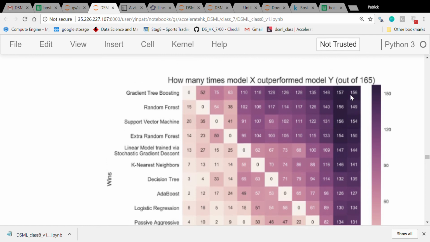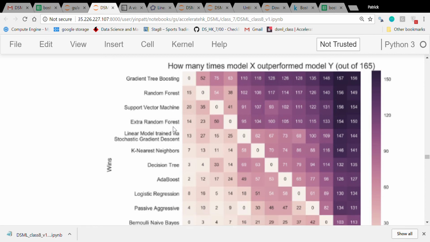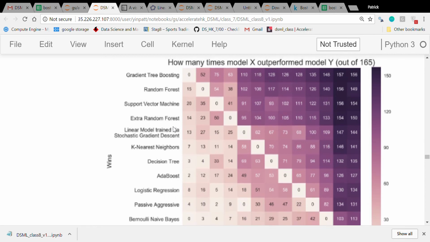Okay, and this is a layout of which are the most powerful models. There's a research paper that takes 158 very different sample sets and tries to apply different models and compare the predictions, to see which one predicts the best. Out of all the models, gradient tree boosting outperforms almost every single other model.